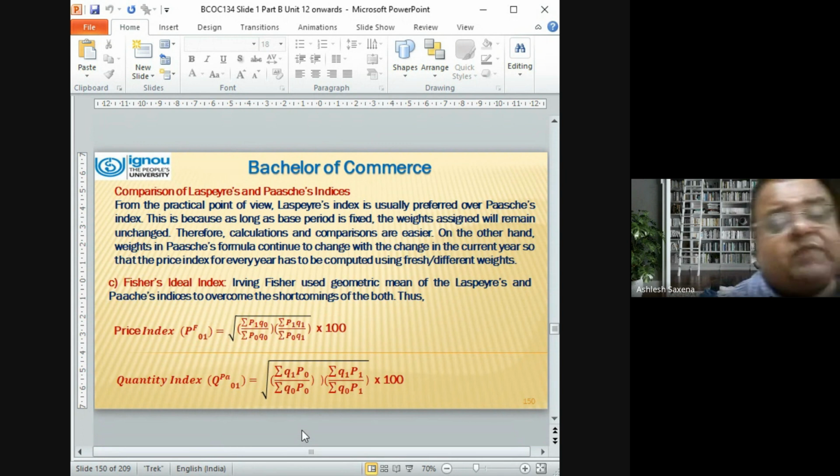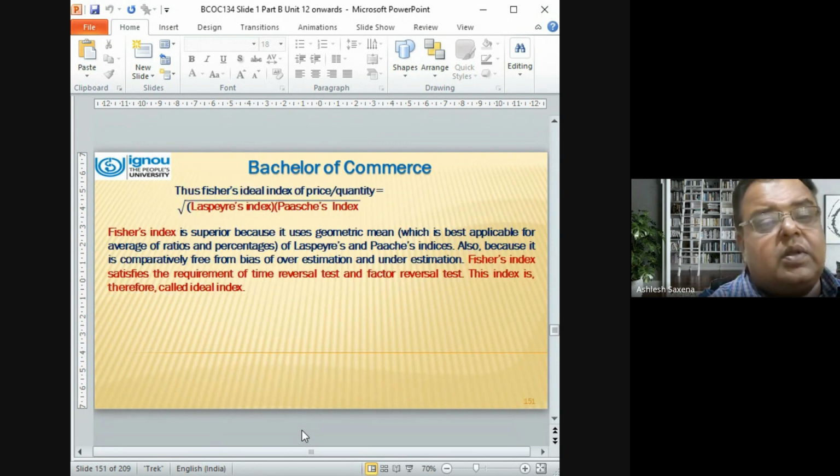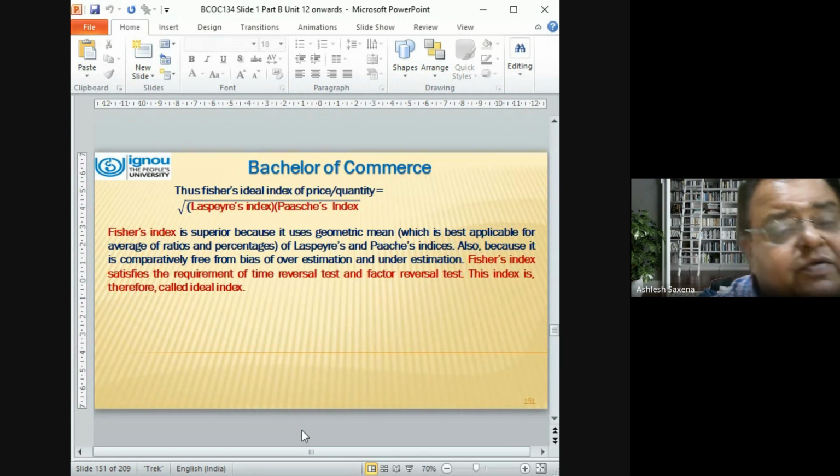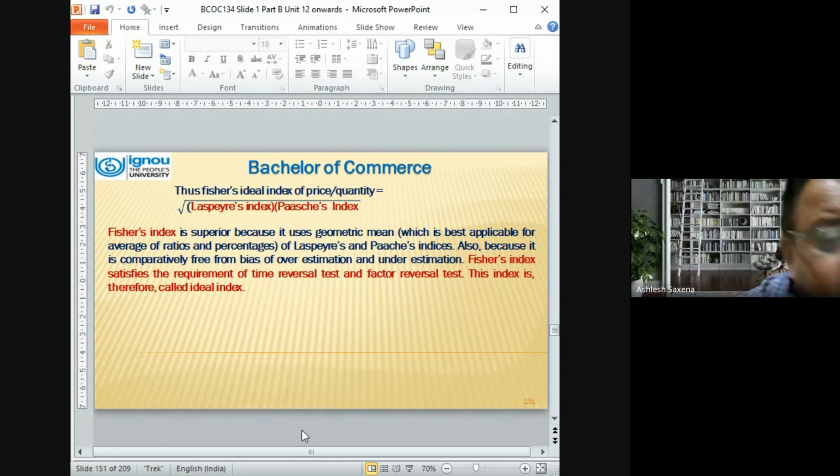Similarly, we can modify it for the quantity index. The Fisher ideal index of price and quantities is under the root of the product of the Laspeyres index and the Paasche index.